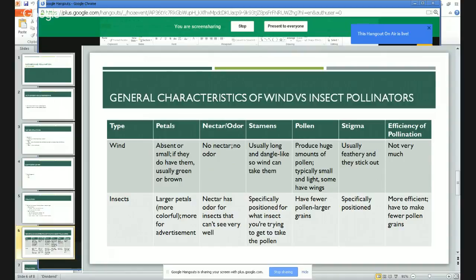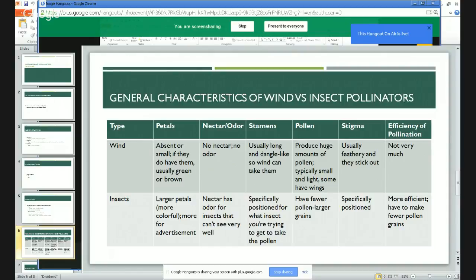Generally, they're not going to be very colorful. They're just going to be brown or green, because they don't need to waste energy trying to create these pigments for these petals, because the wind doesn't care what color petals it has, so it's not going to waste that energy doing that.